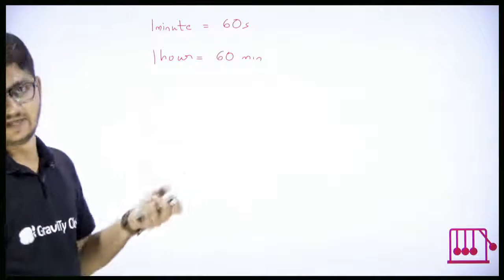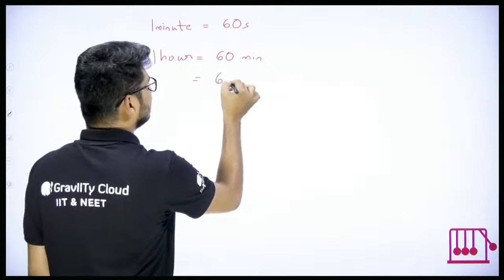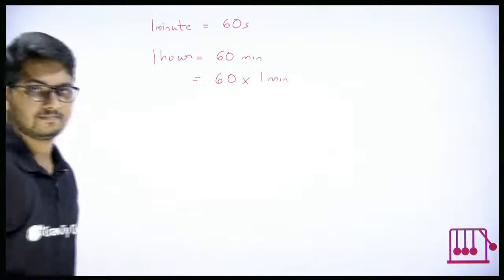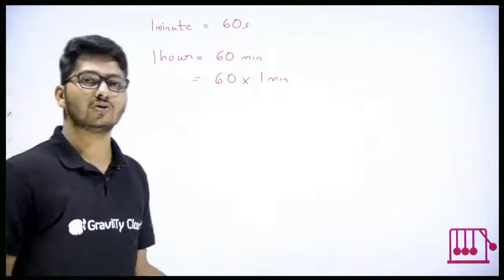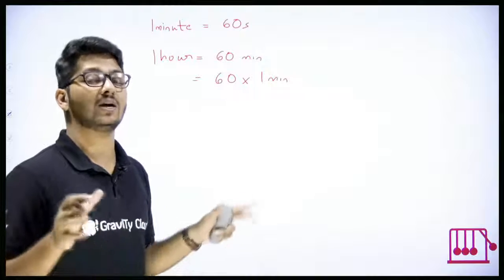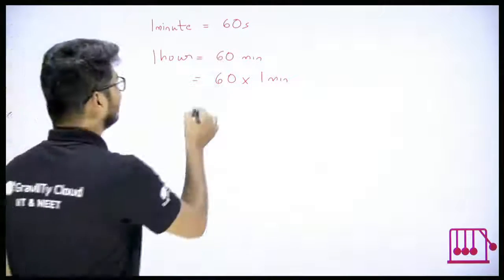So 60 minutes. Now, can I write this as 60 into 1 minute? 60 into 1 is equal to 60. So 60 minutes can be written as 60 into 1 minute. And how much is 1 minute equal to? 60 seconds.